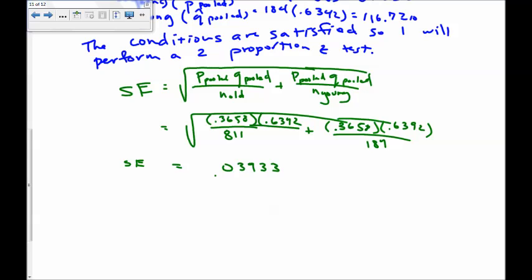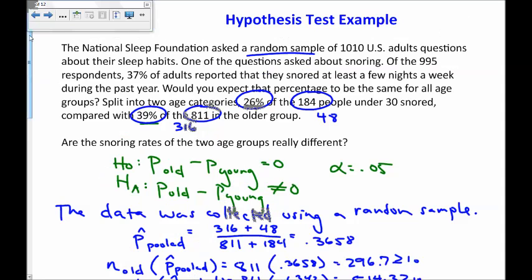Okay, let me remind you, so here's our normal curve. The hypothesized difference is 0, and the standard error is 0.03933. Now, the difference from these two values was 13%. Okay, so that's the observed difference.